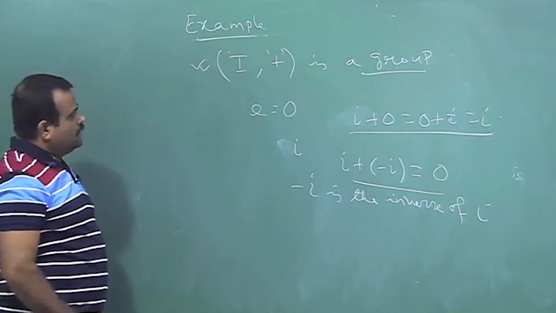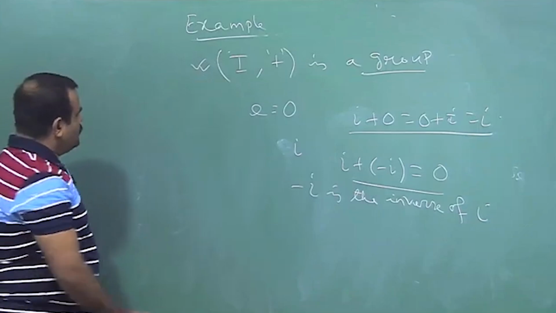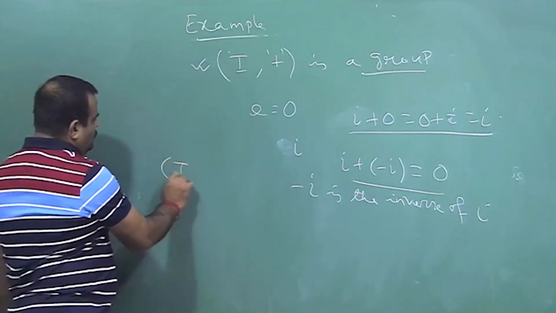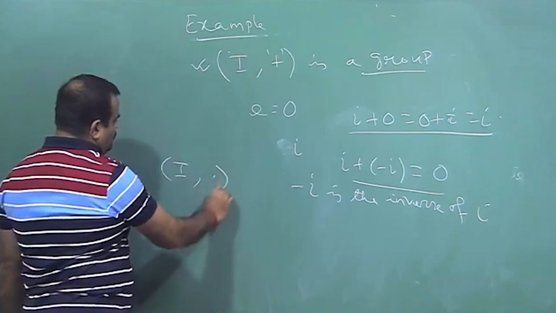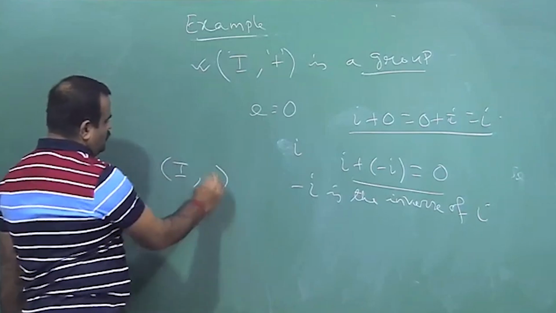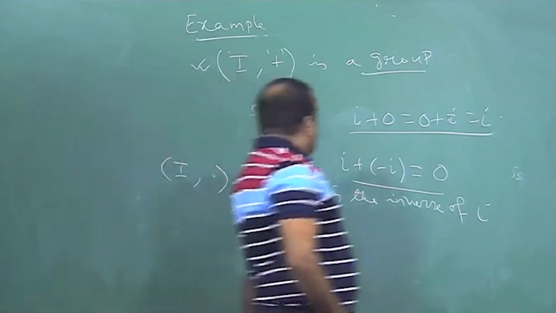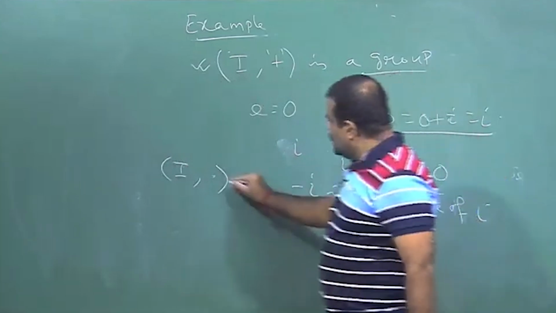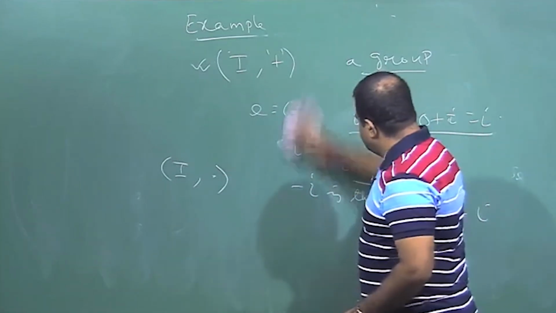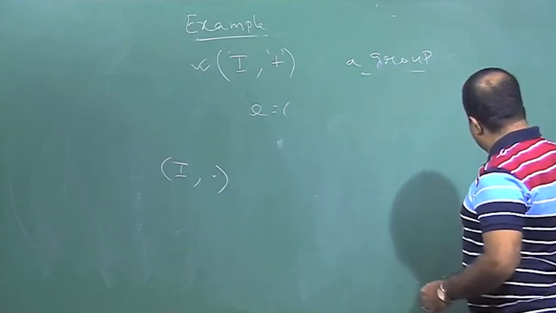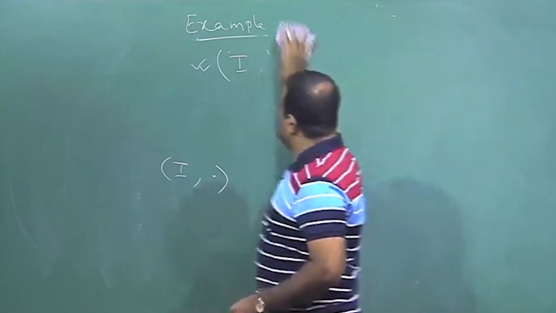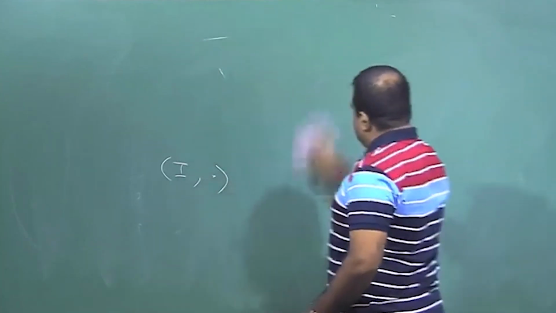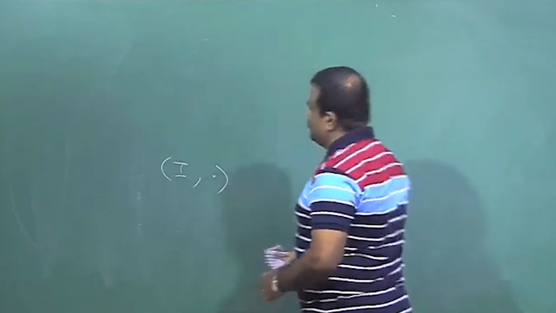Okay. Now, the question is whether the integers along with multiplication, real number multiplication, is a group or not. This is not a group, because, this has the closure property, which is okay, because if we multiply two integers it will give us an integer.